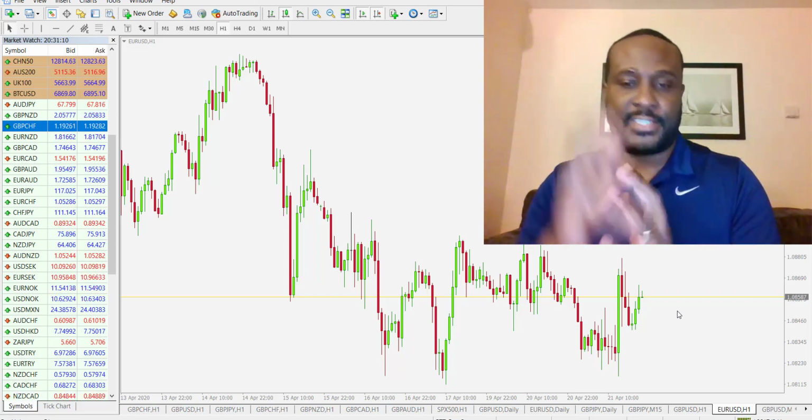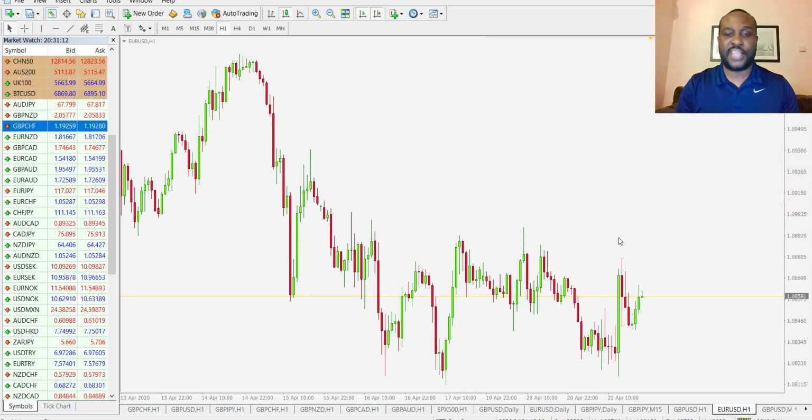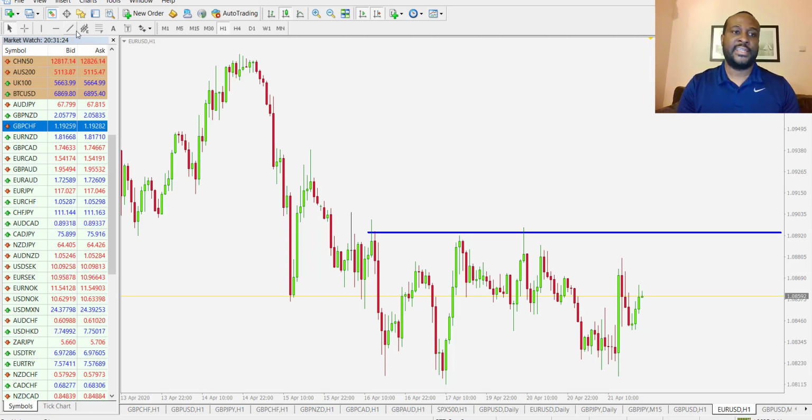And so, for instance, if you look at what's happening here, I have the structure level here, right? And I also have the structure level down here, somewhere around here. Yeah, so that's a support and resistance.